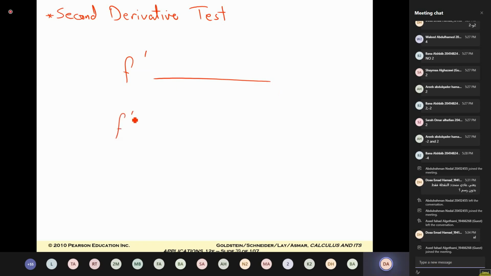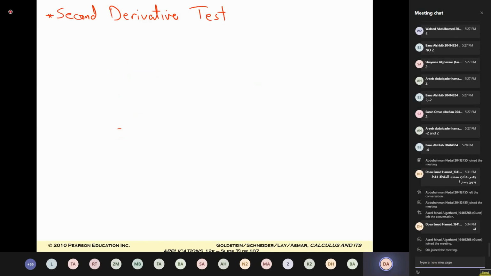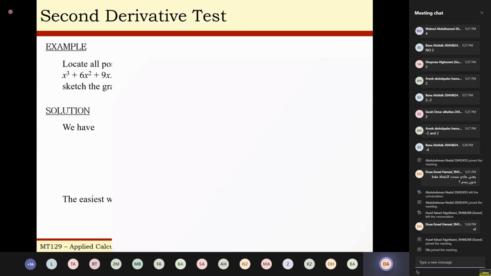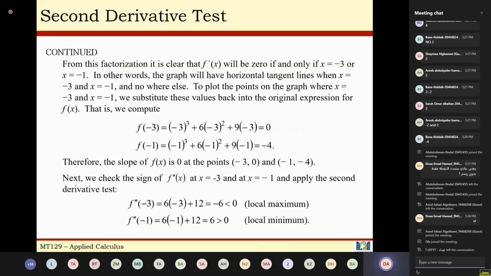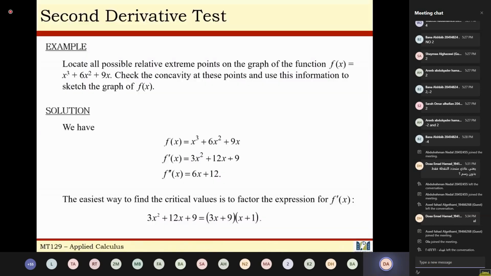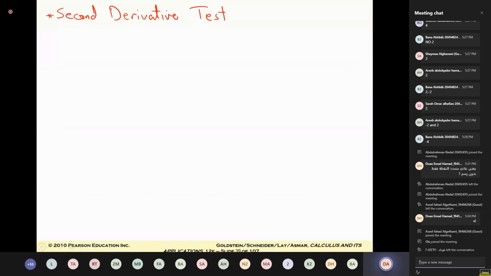You can find the second derivative and substitute the critical point into the second derivative to determine which one is local maximum or minimum. Okay. This is for local extrema.